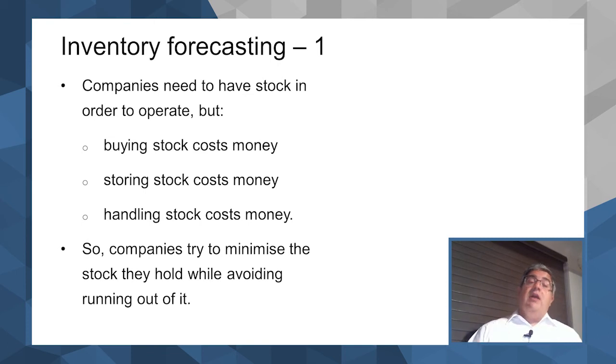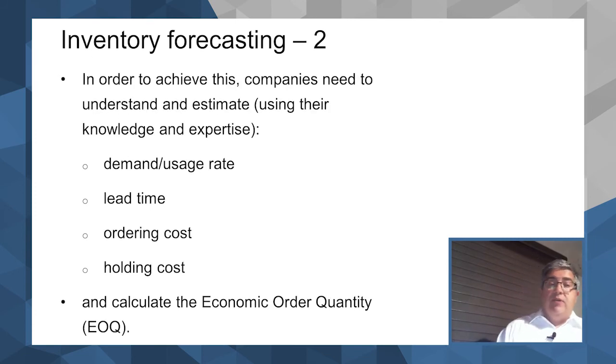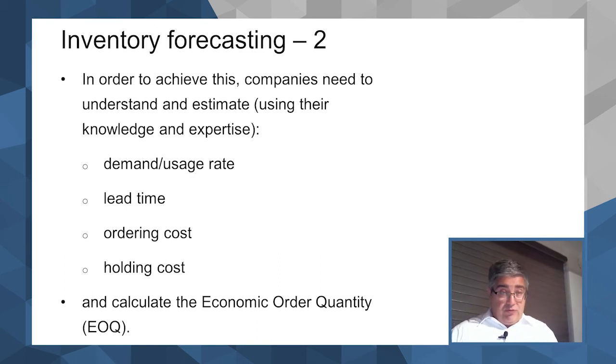And so a lot of companies, and the more stock you have, obviously, the more expensive it is. So a lot of companies try to optimize their inventory management by minimizing those costs. They do that by understanding the following variables.